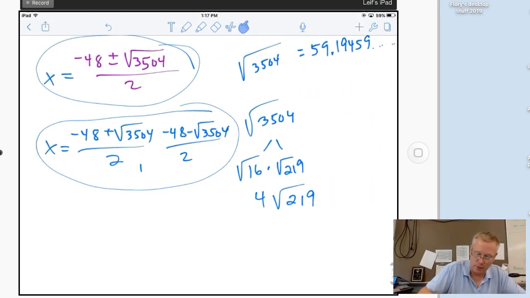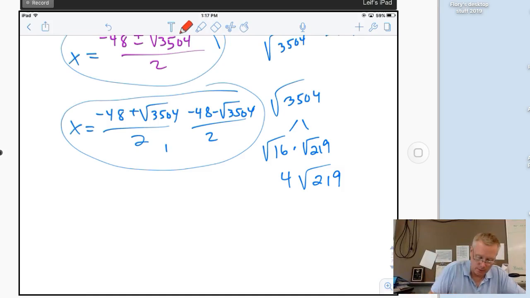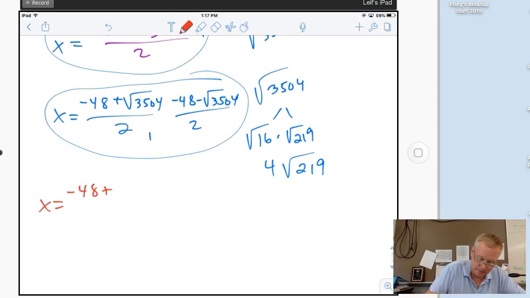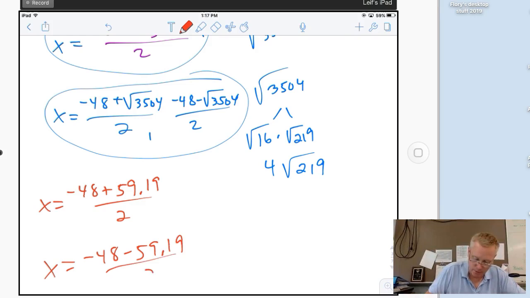So it's 59.19. X would equal negative 48 plus 59.19, and x would equal negative 48 minus 59.19 over 2.